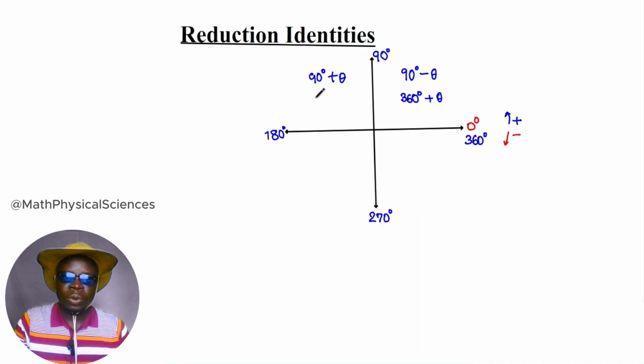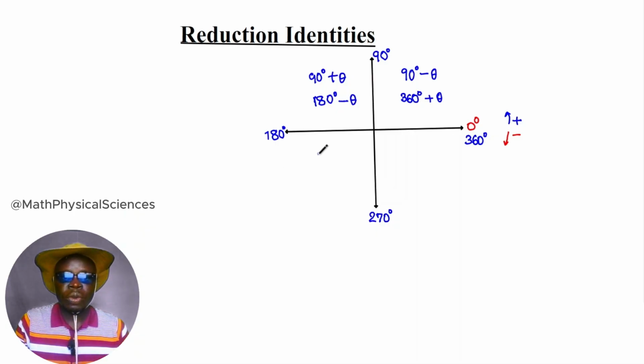So the next option is 180 degrees minus the angle theta. These are the 2 options we have for the first and second quadrants.